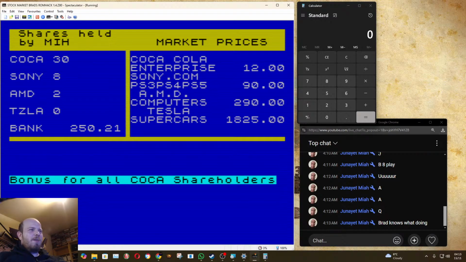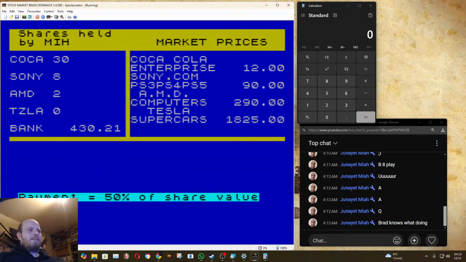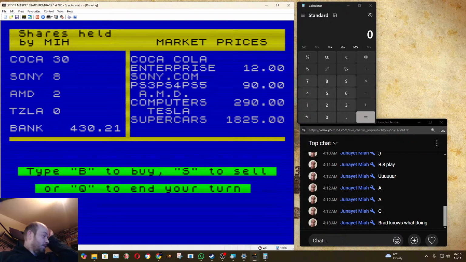Bonus for Coca-Cola. 50%. Mia's like, how the hacks. The safest thing is what you're doing, though, is have some of everything. Because if Coca-Cola went bankrupt, I'd be out of the game. So maybe I have to start investing in something else. But I've had a good start from Coca-Cola so far. I've been very lucky.